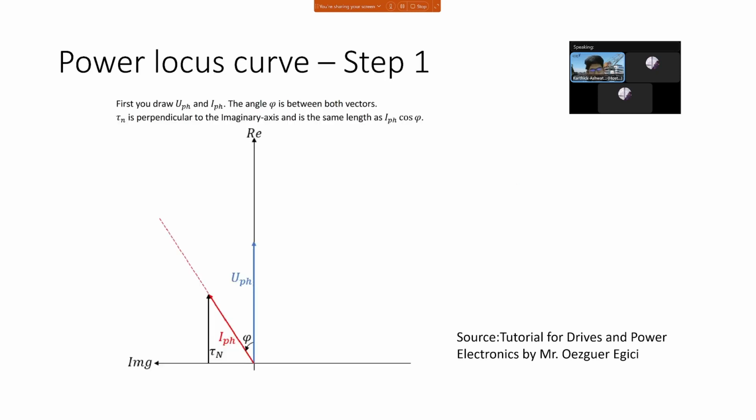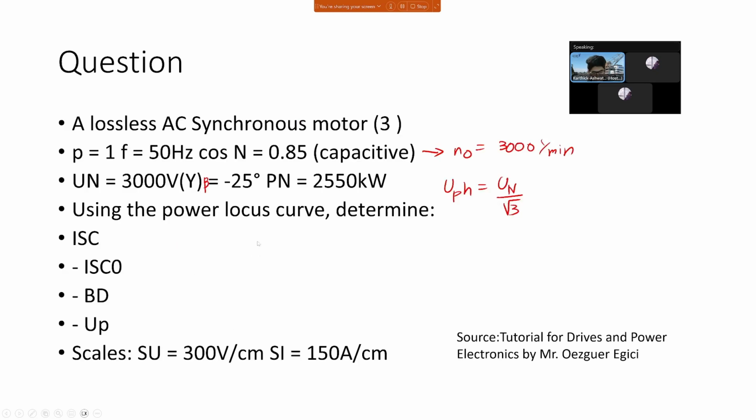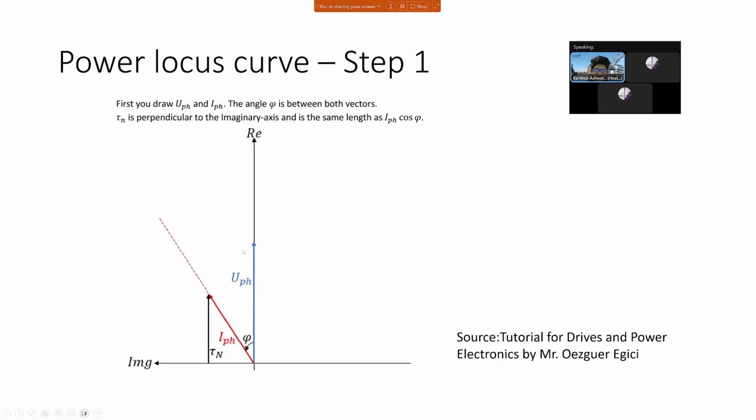So the first step is to draw the U phase, which is, as we calculated, UN by root 3 because of star connection. And this U phase is the real supply itself, so we are drawing it along the real axis. In this plane, the real axis is vertical and the imaginary is horizontal. The current is to the left of the U phase, so anti-clockwise angle is positive.